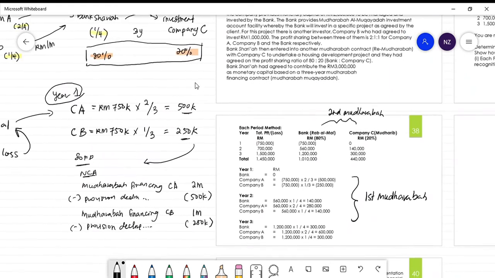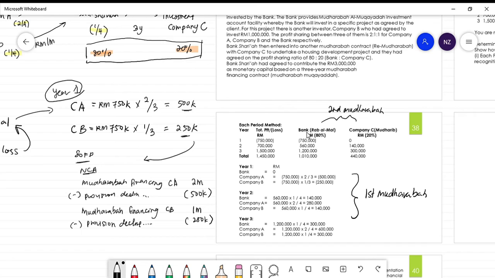So dia pun nak ambil the amount of the profit yang bank dapat tadi kan. So dia dapat, yang kita dah kira, dia dapat 560k. So kita consider the profit for the first mudharabah is 560k.